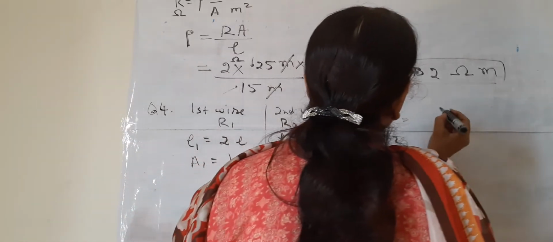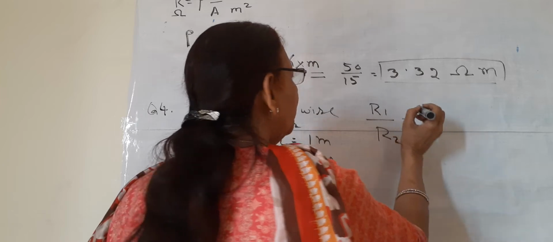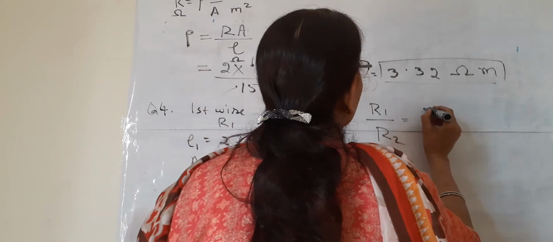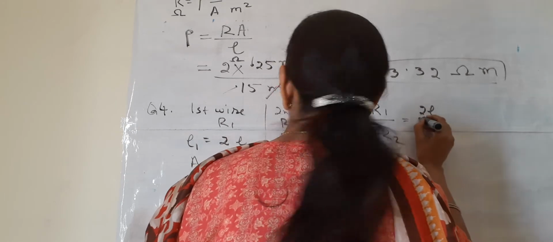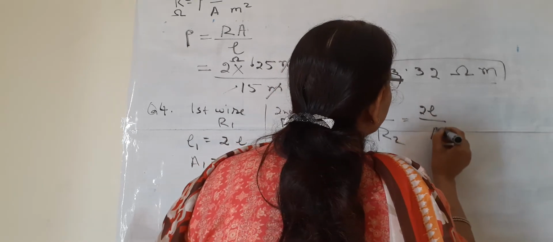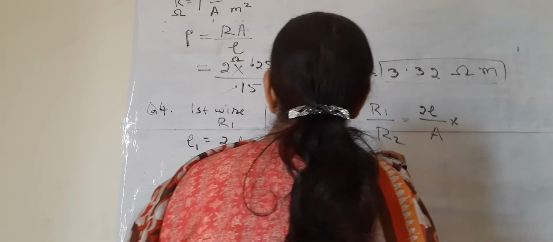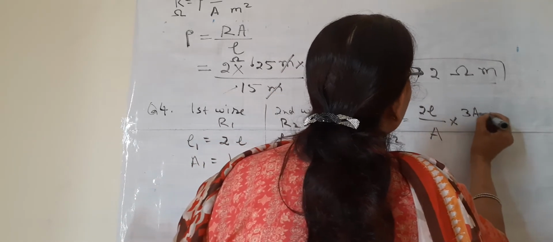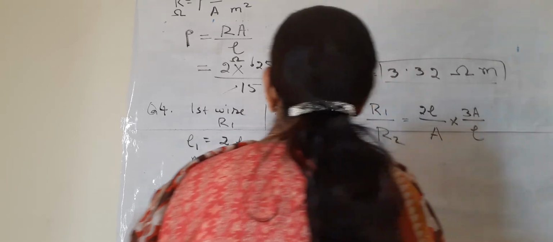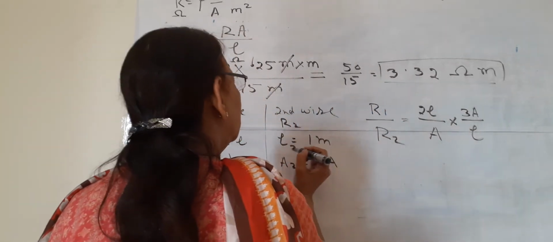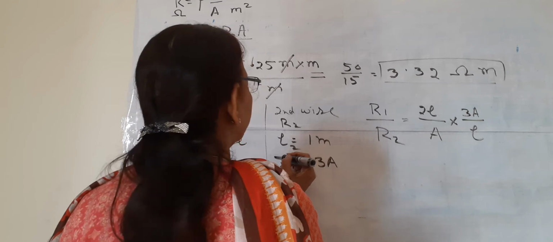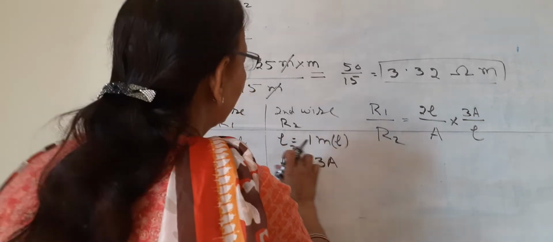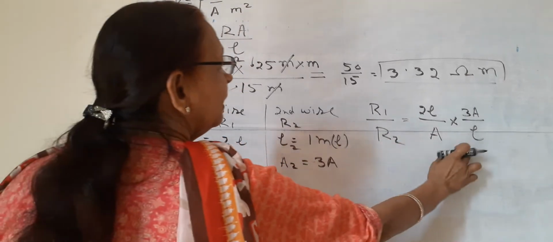So this will be equal to rho L upon A. Rho I will not write. L upon A. L is 2L, A is A. Into R2, we will write A on the top, 3A upon L. The L2 is L, 1 meter, it is L. So we will write L2, L here.